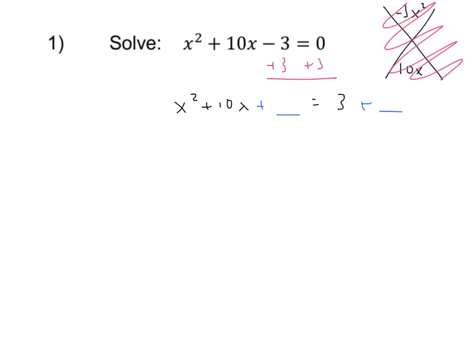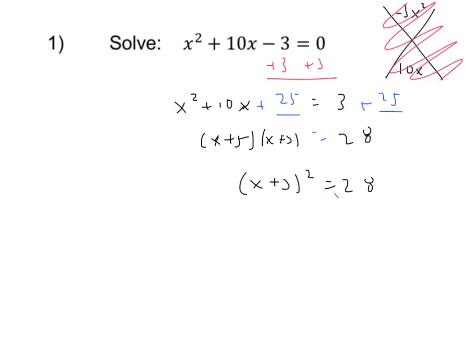To find that, we take this b value, 10, divided by 2, you get 5, square that, and we get 25. So now we have 28 on the right, and the left-hand side is a perfect square trinomial. So this is x plus 5 times x plus 5, or in other words, x plus 5 squared.